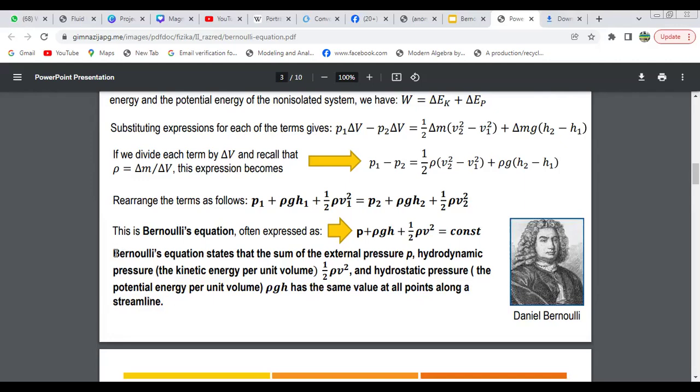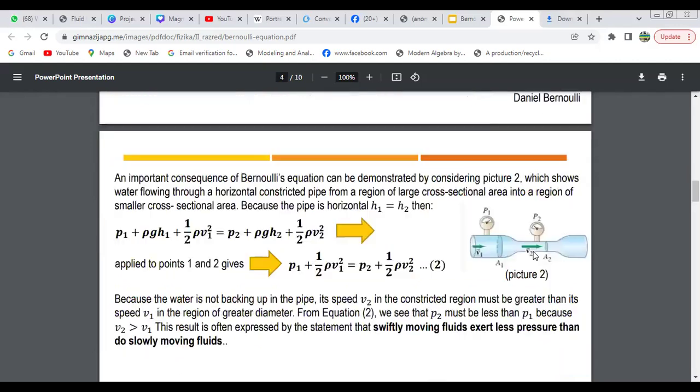This is the main statement of Bernoulli's equation, or Bernoulli's principle. And this is Daniel Bernoulli, the founder of this equation.